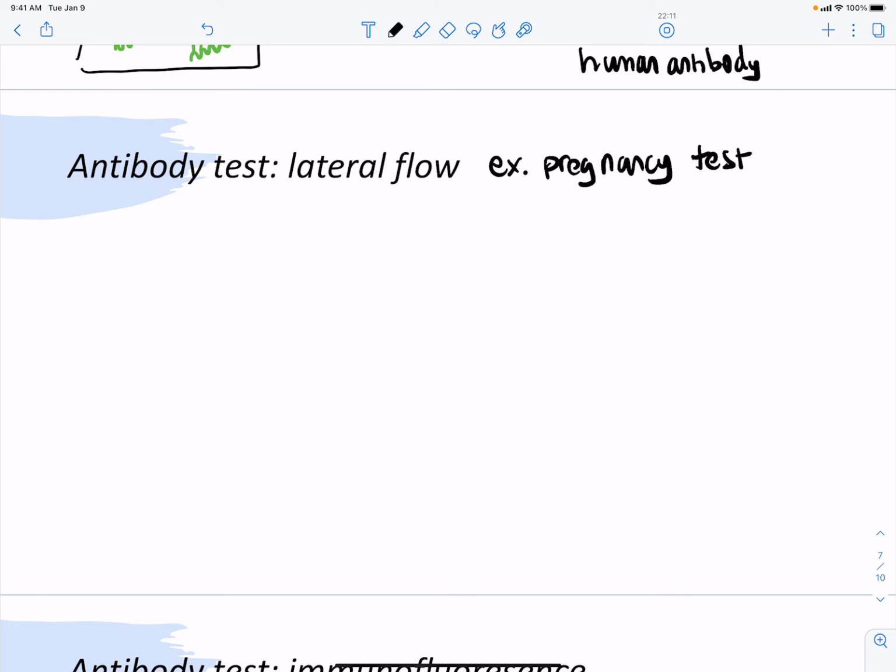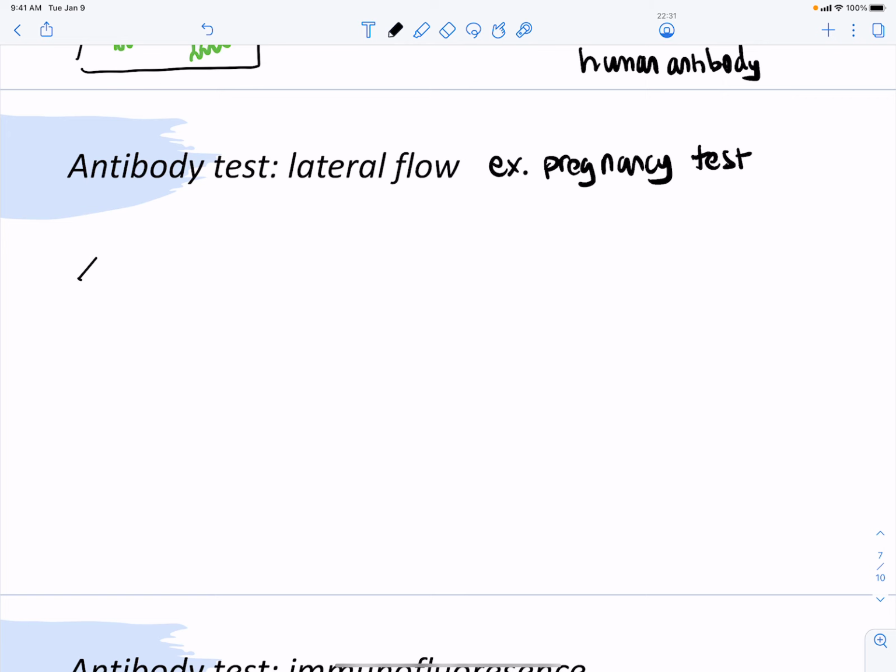And so the pregnancy test, for example, is going to confirm whether or not in the urine of a potentially pregnant woman there's the presence or absence of human chorionic gonadotropin hormone. So that is what the pregnancy test is testing for.